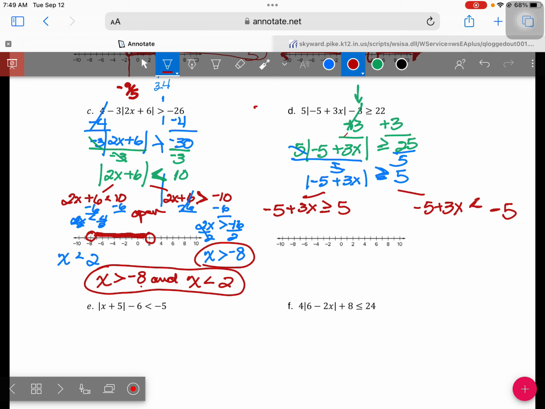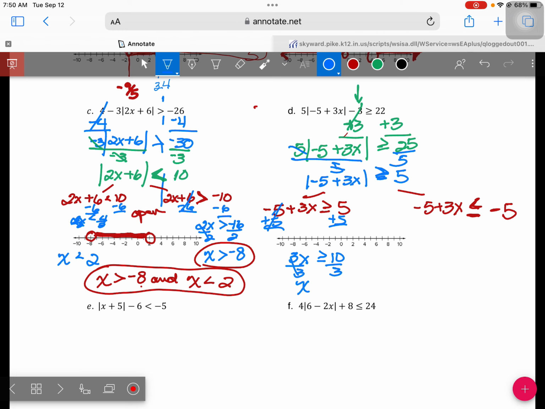That's one answer. On the other side, add 5, add 5. Cancel out. 3x is less than or equal to 0. Divide by 3, divide by 3. X is less than or equal to 0.